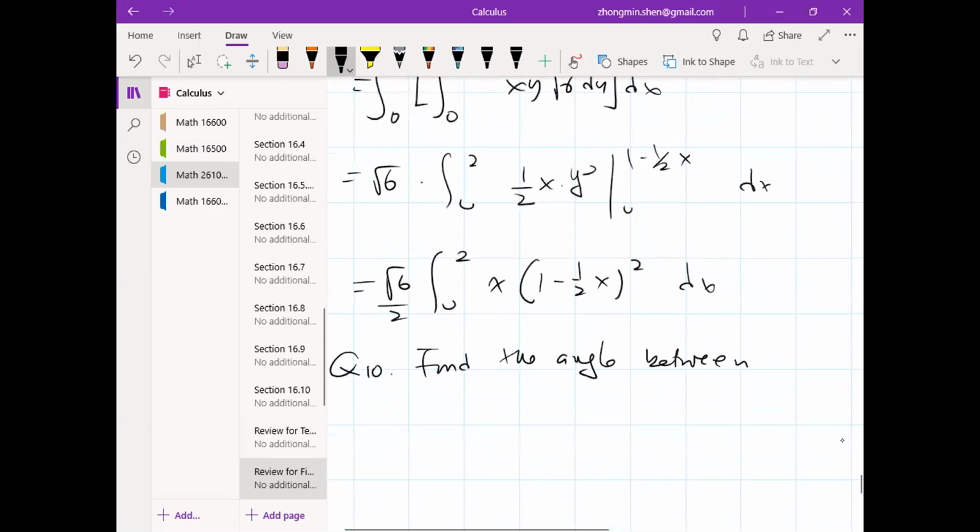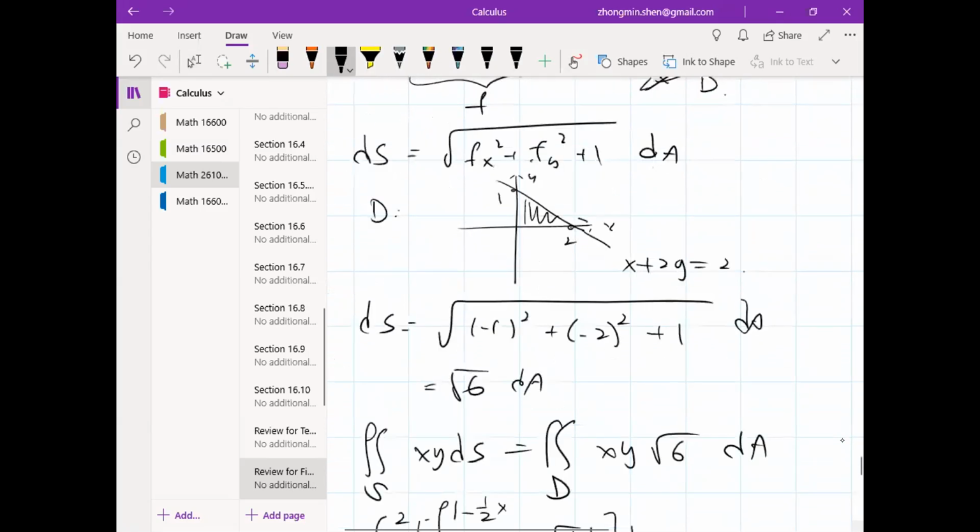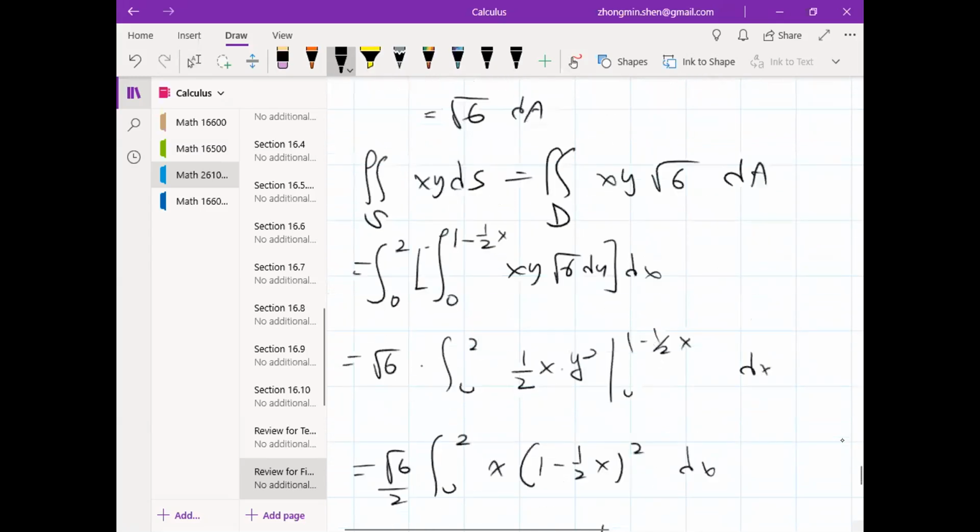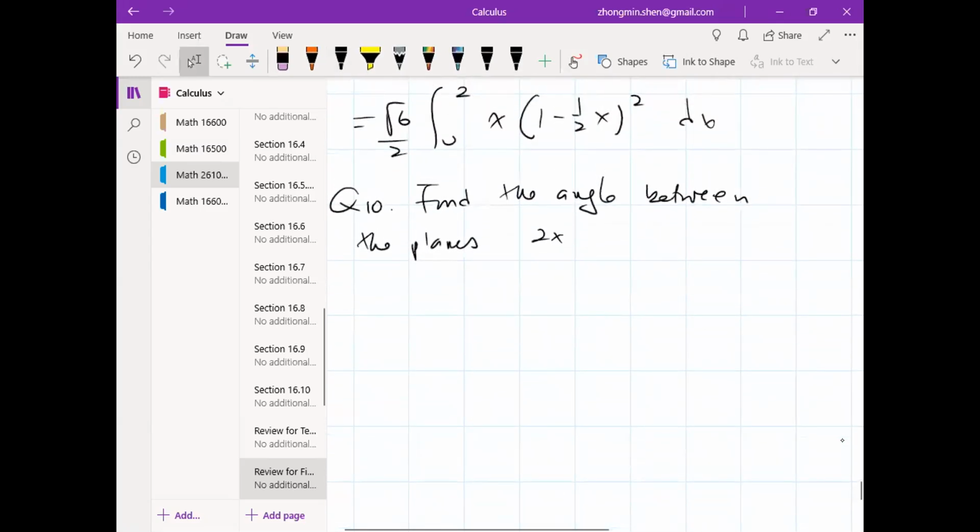Find the angle between the two planes. What's the definition of the angle between them?